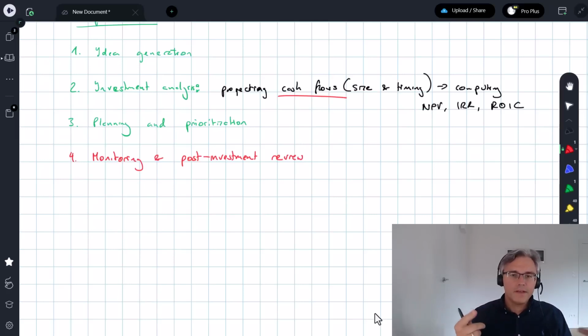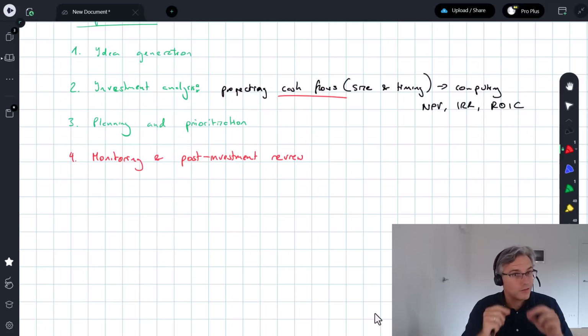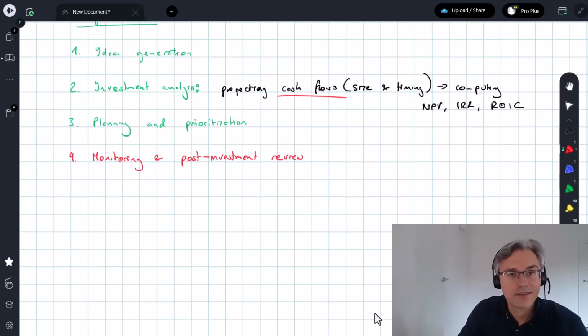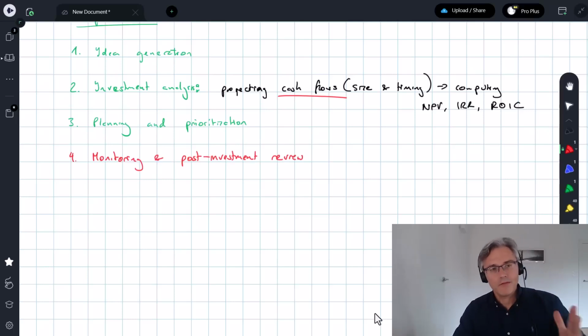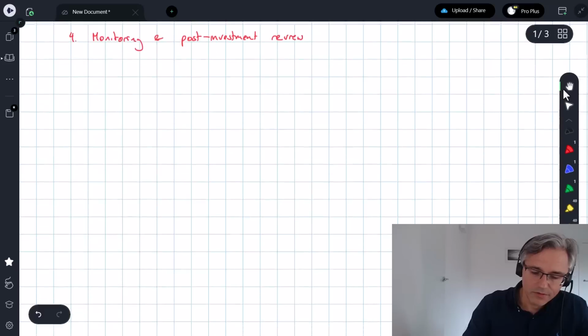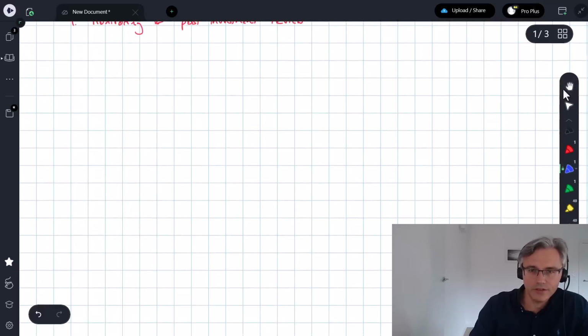And anyway, this monitoring also disciplines the parties involved so that they strive for those previously assumed forecasts to actually be met. Right, now for us, as I said, the most important bit of this video are the actual measures.